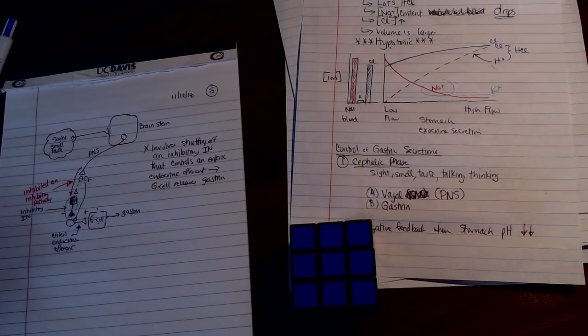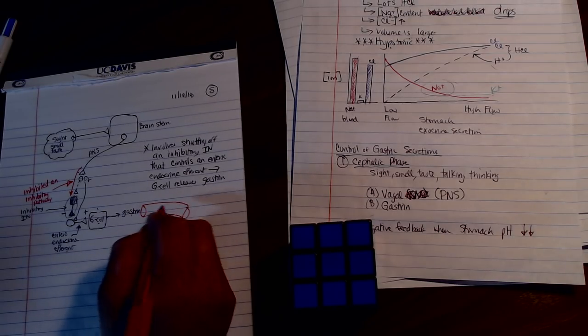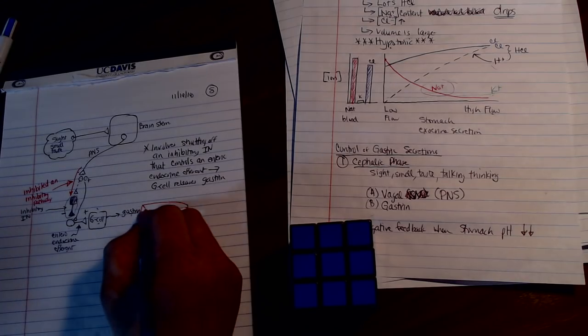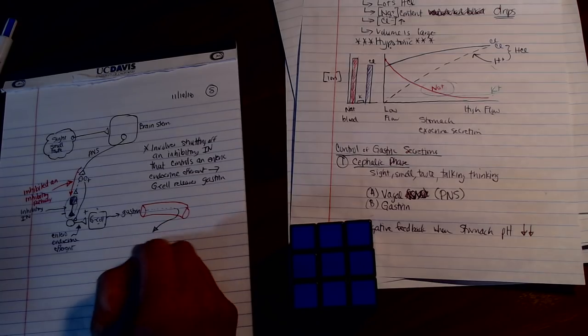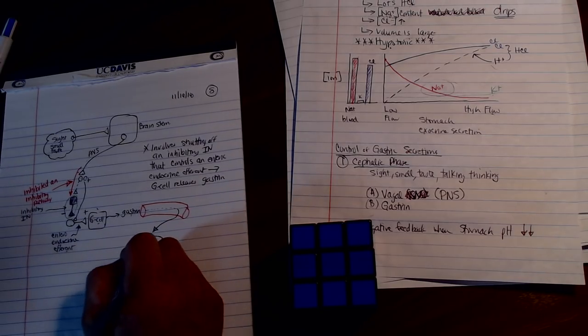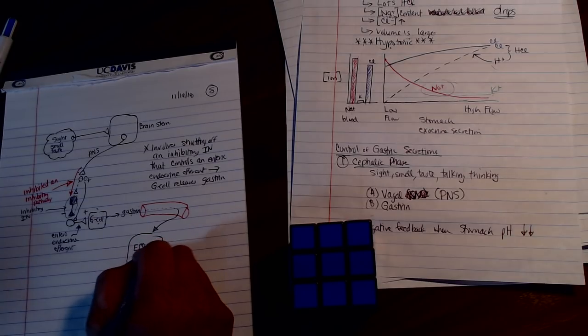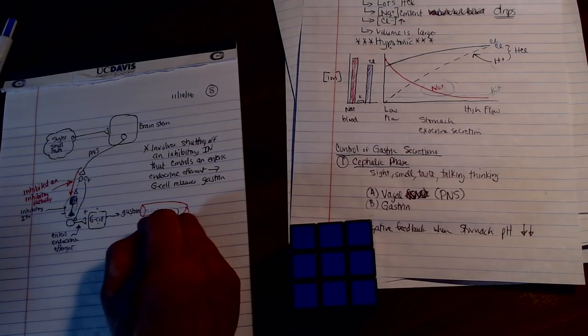Then the gastrin, as it goes into the blood, right there, goes into the bloodstream, cruises along, talks to an ECL cell. These enterochromaffin-like cells get activated by gastrin.